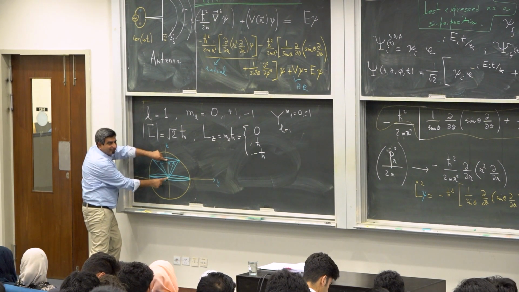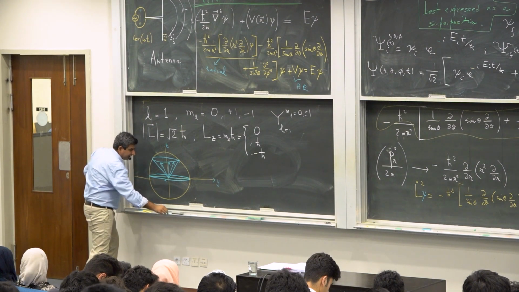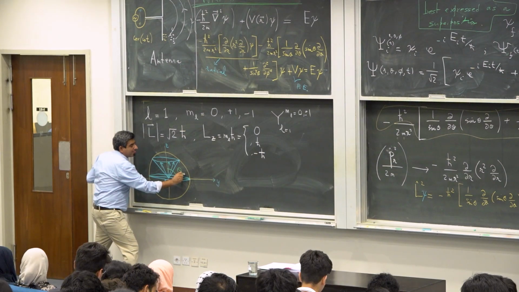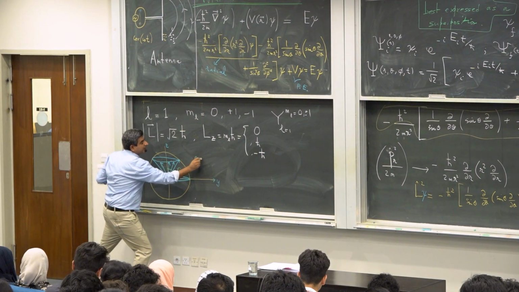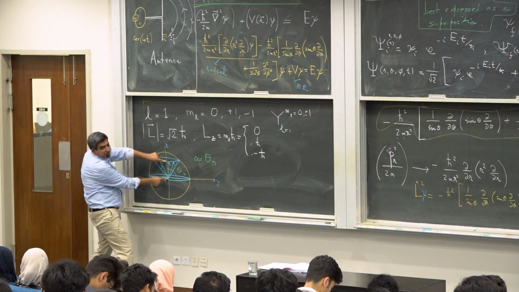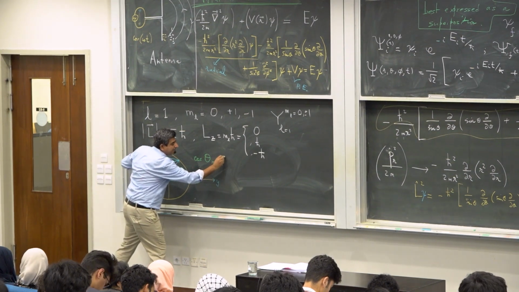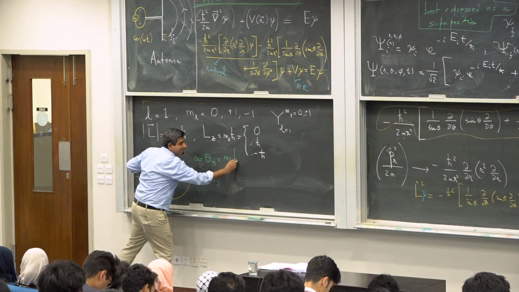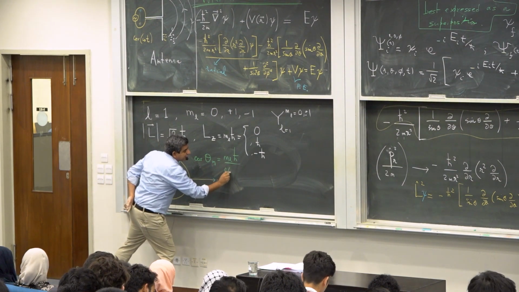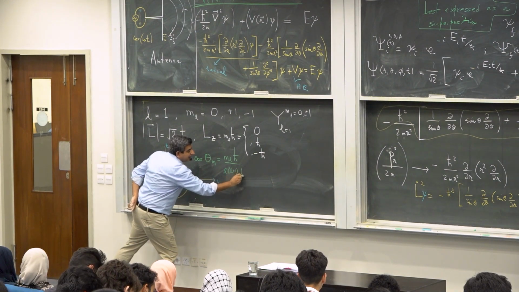right? So if this angle here were theta m, cosine of theta m is this projection here, which is ML h bar, and the length of this hypotenuse, which is square root of L into L plus 1 h bar.